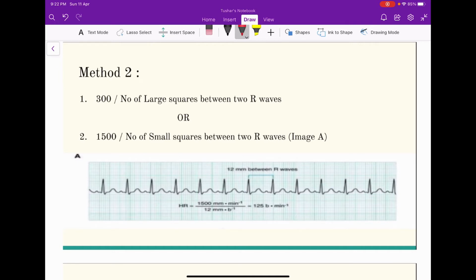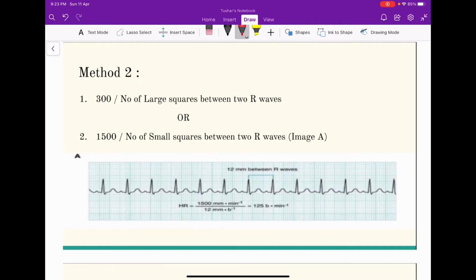Counting the number of large squares between two consecutive R waves is a little gross method, whereas if you want an exact measurement, the second method of calculating the number of small squares between the two consecutive R waves will give you the exact rate of the ECG.